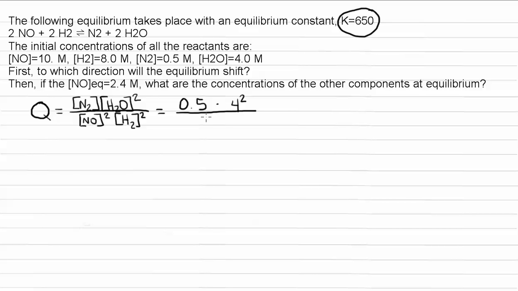NO has a concentration of 10 molar, that's going to be squared, times the concentration of hydrogen, which is 8, also squared. That gives us a Q expression of 0.5 times 4 squared divided by 10 squared times 8 squared, 0.00125.